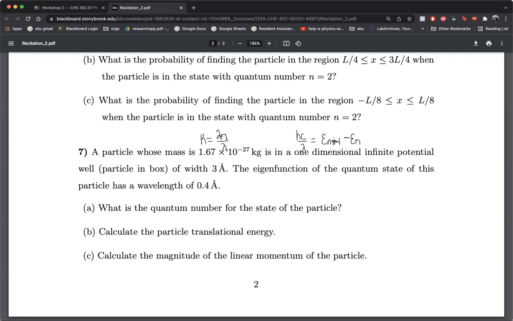Do you guys see the solutions for this question? I don't think I see it. The solution for this one, recitation 2, number 7. It's in lecture, week 3 Friday.